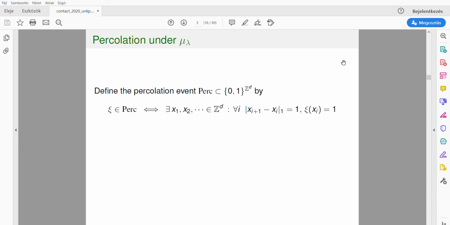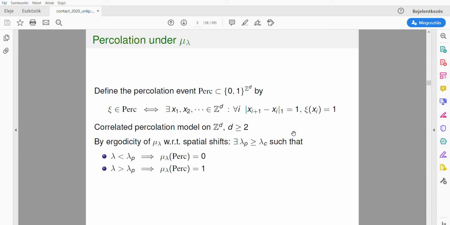And then here's a result which is not very deep. Let's look at the stationary distribution of the contact process as a correlated percolation model on Z^d, and again let's assume that the dimension is greater than or equal to 2. Here's a theorem which is quite simple to prove.